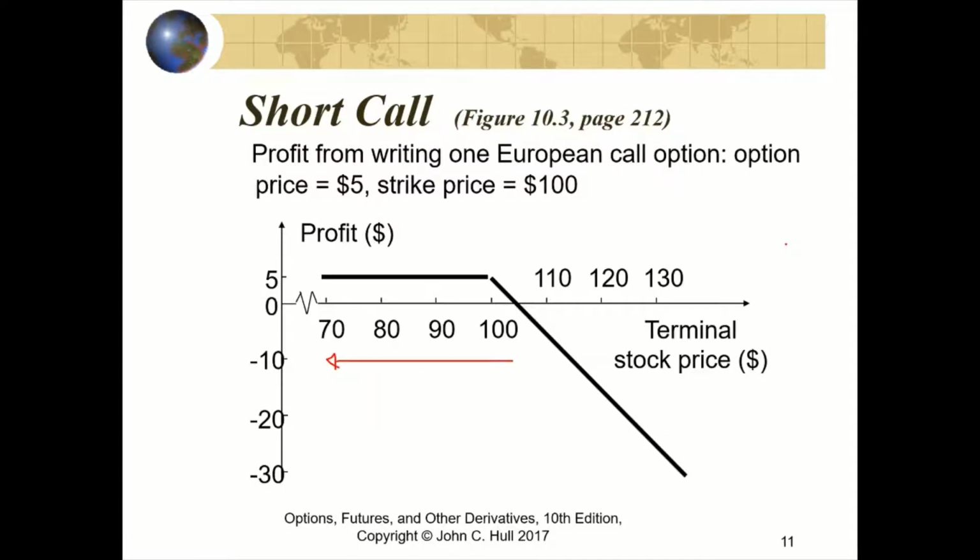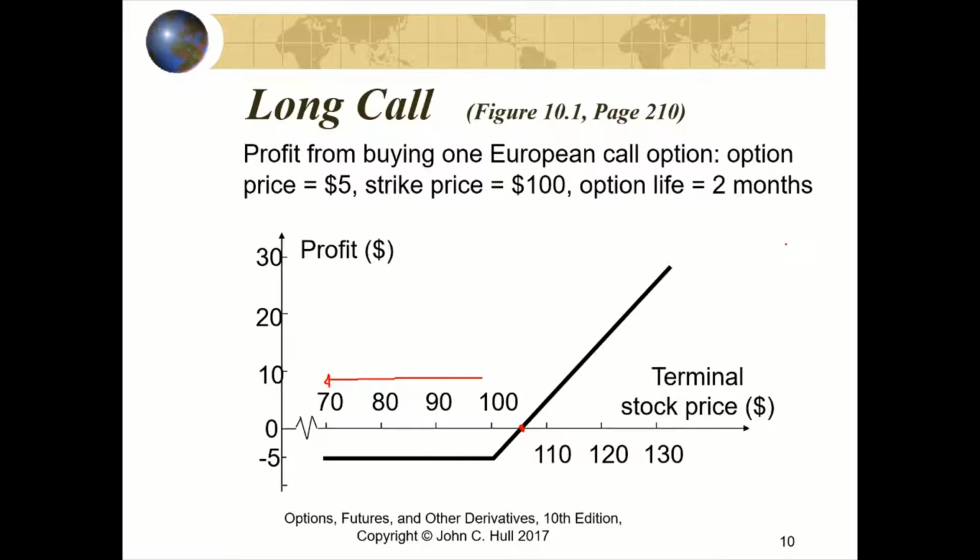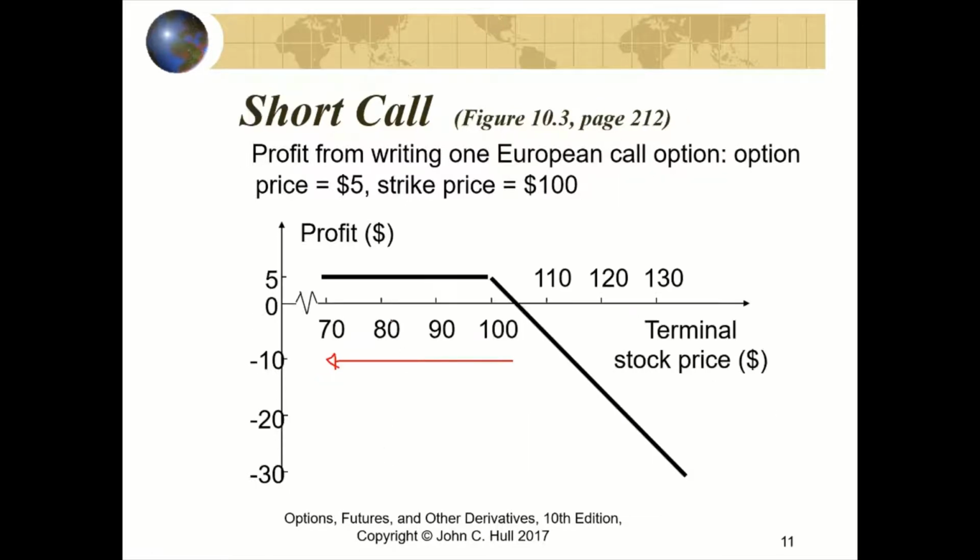You observe that the loss of one party is the profit for another party. So here at the price of 80, the long lost the premium of $5 and the short received a premium of $5. So you can see that it's a zero-sum game. A loss of one party is a profit for another party.